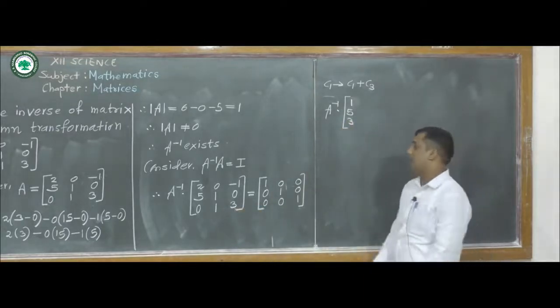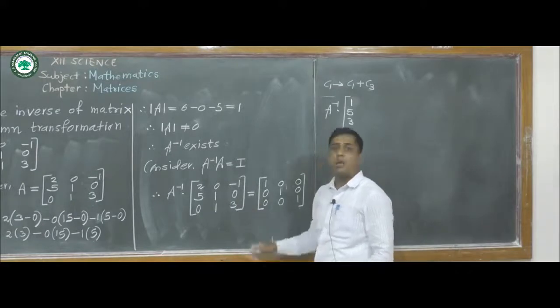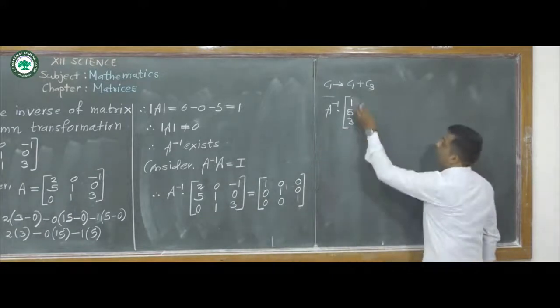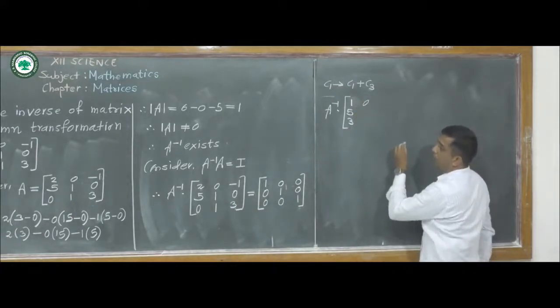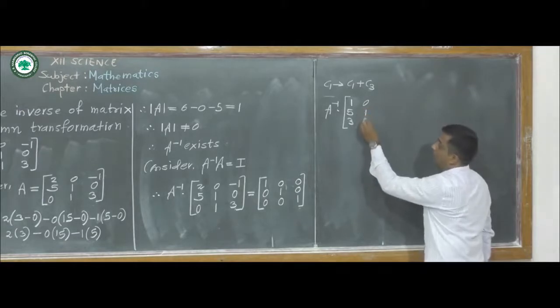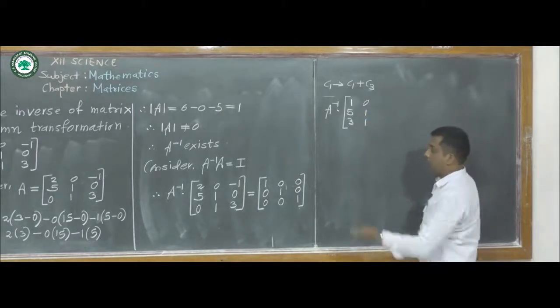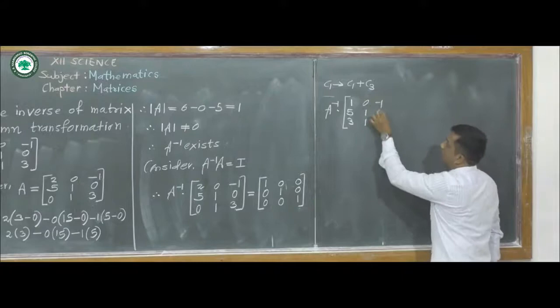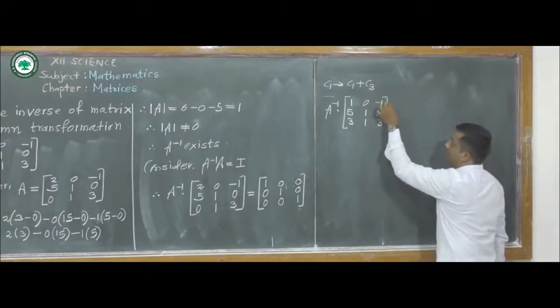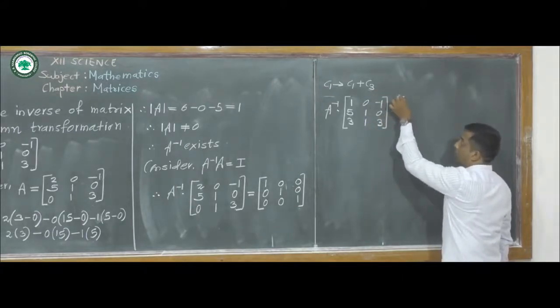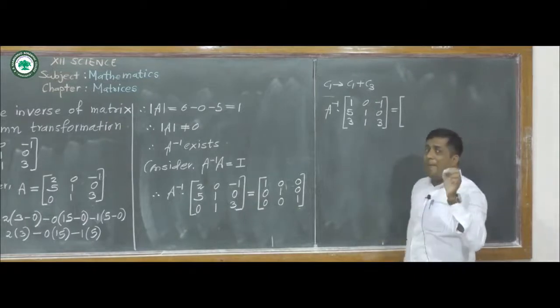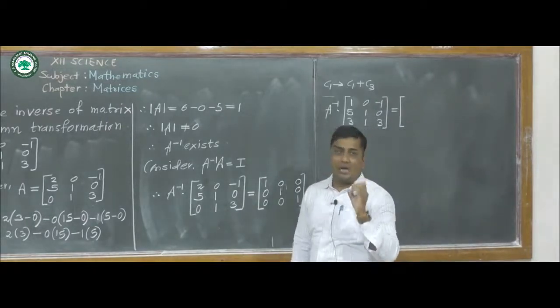Now we keep our second and third columns as they are. So for the second column we have 0, 1, 1, then for the third, minus 1, 0, 3.